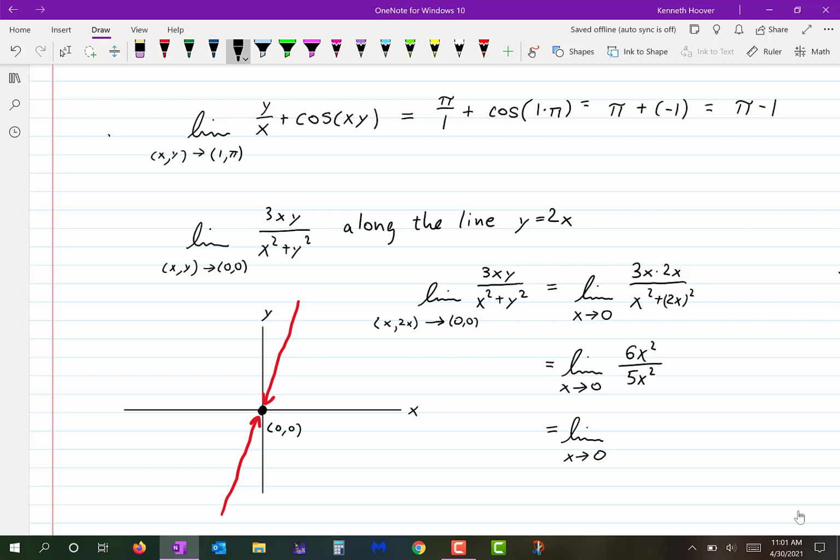Which converts it to the limit of what? 12x over 10x. Still in indeterminate form of type 0 over 0, so we use L'Hopital's rule again. And we get the limit of 12 over 10, which is 6/5. And that's our answer.